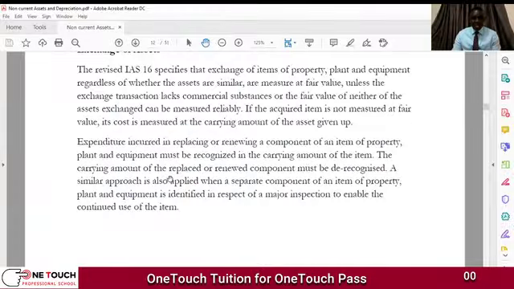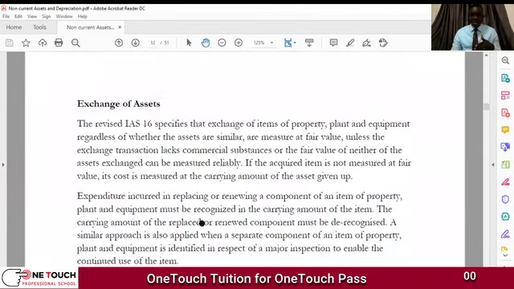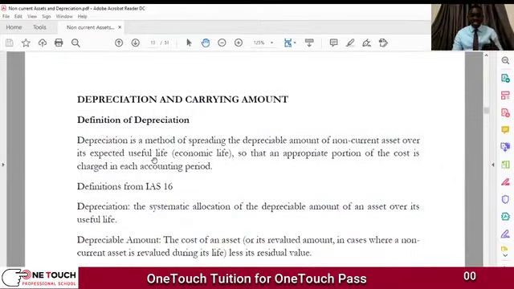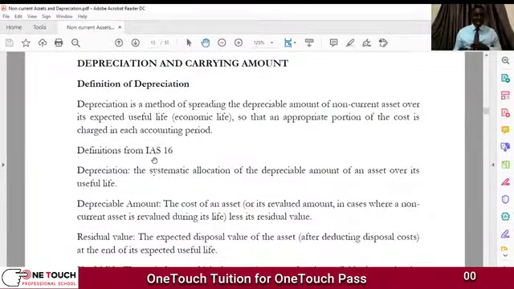The carrying amount of the replaced or renewed component must be derecognized. A similar approach is also applied when a separate component of an item of property, plant, and equipment is identified in respect of major inspection to enable the continued use of the item. We'll look at an example of this later in our discussion, because we'll blend it with other questions. Okay, good. So let me move on to depreciation and carrying amount of an asset.